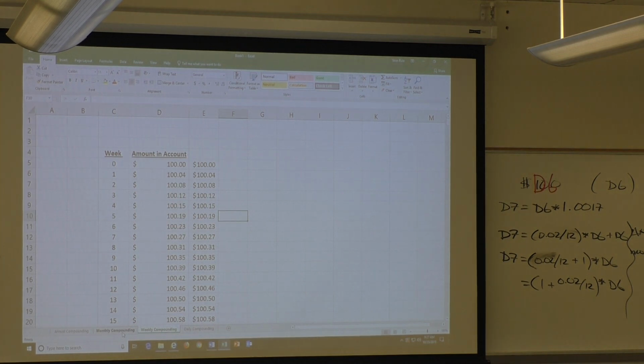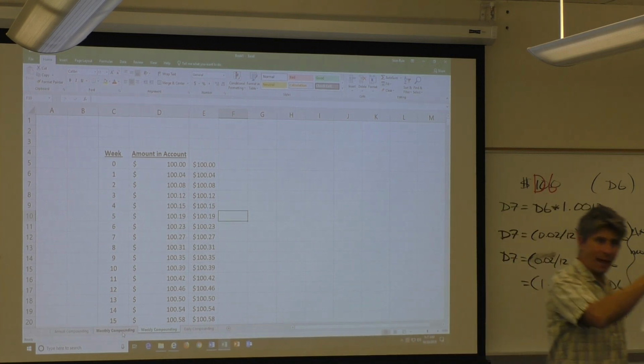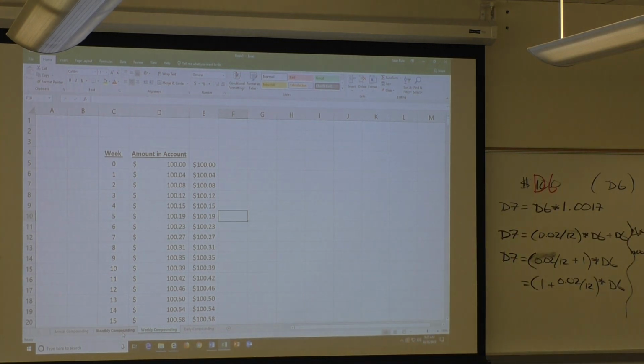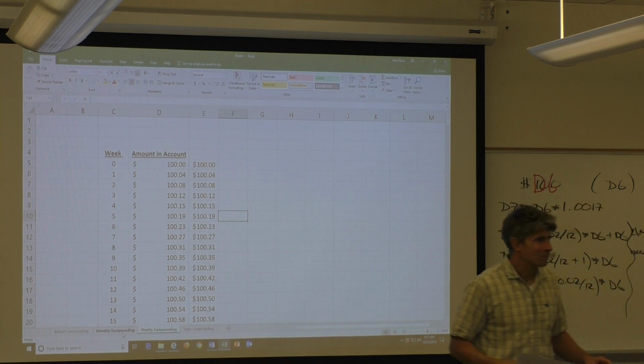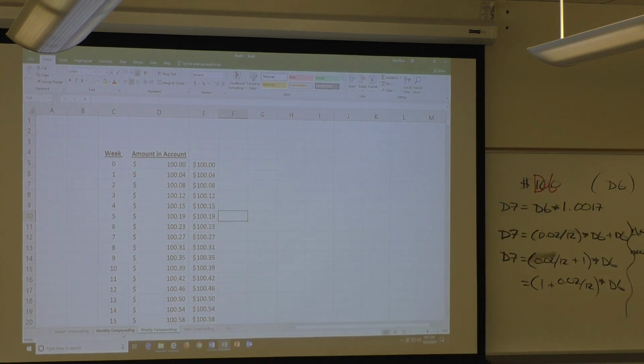But if you actually use the exact rate, daily beats weekly, weekly beats monthly, and monthly beats annually. So it looks like the more compounds there are over a given time period, the better that's going to be. I'll never ask you to prove that mathematically, which is a pain. It makes sense exponentially, but proving it is trickier. But I don't care about proving that. There's something more important to do.